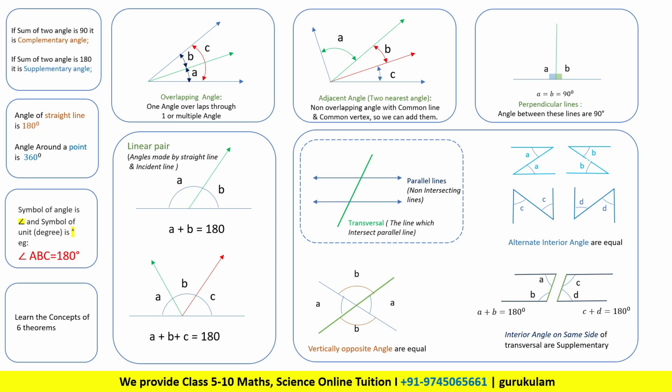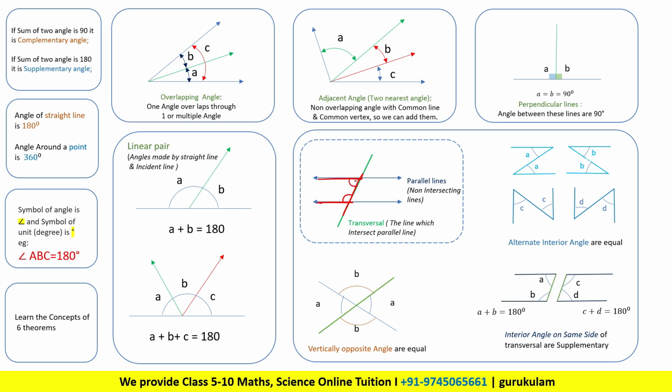Next we're going to deal with one more statement. Interior angles on the same side of the transversal are supplementary, which means if you add the interior angles on the same side of the transversal, you get 180. Considering this is the transversal, these two are the interior angles on the same side.